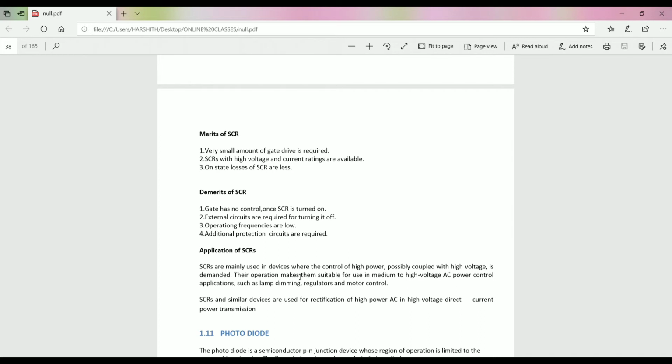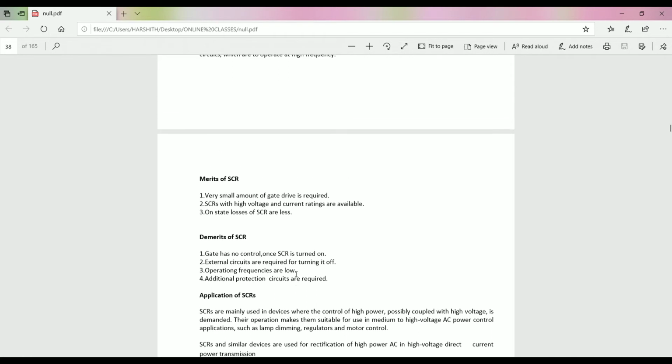Their operation makes them suitable for use in medium to high voltage AC power control applications such as lamp dimming, regulators and motor control. SCRs and similar devices are used for rectification of high power AC in high voltage direct current power transmission.